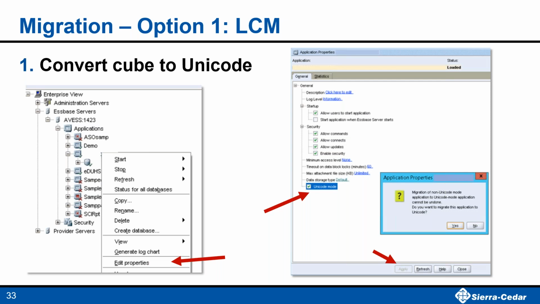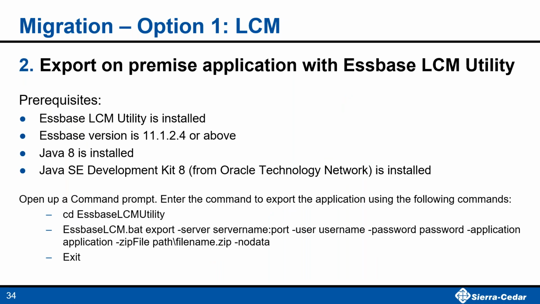You do have to log into Essbase Administration Services, your traditional Essbase server administration, where you administrate your Essbase servers, applications and databases. You have to go in here and convert the cube to Unicode mode, save that, and then you can run the export of that cube using the LCM process.